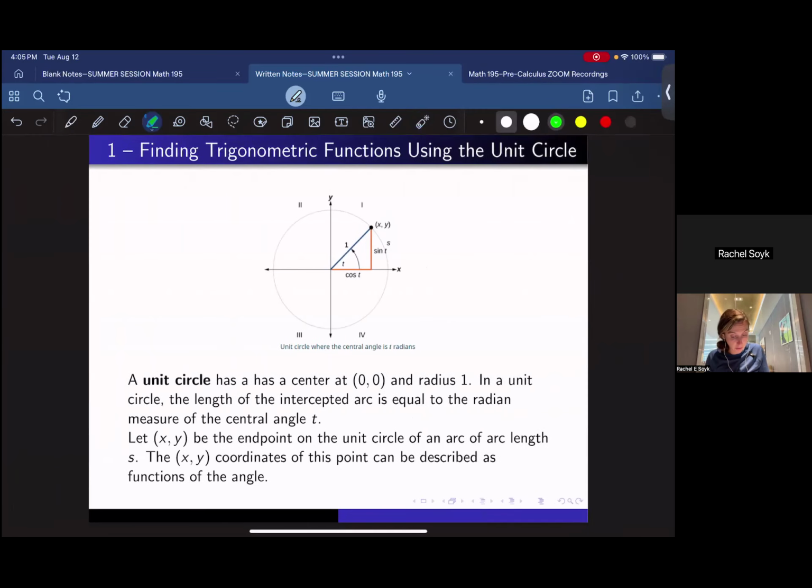So some vocabulary words. Unit circle, which you are quite familiar with at this point in time. Our unit circle always centers at the origin (0, 0) and has a radius of 1.